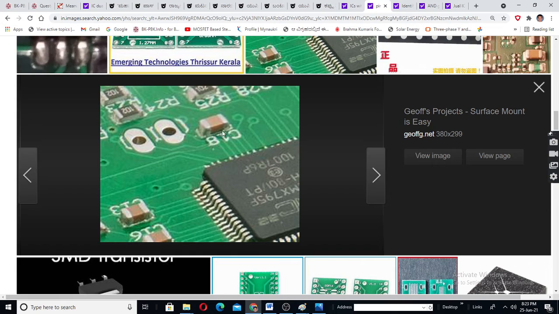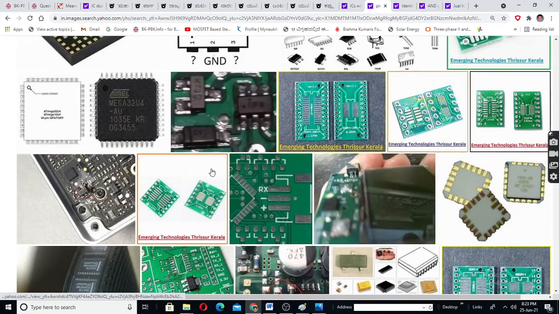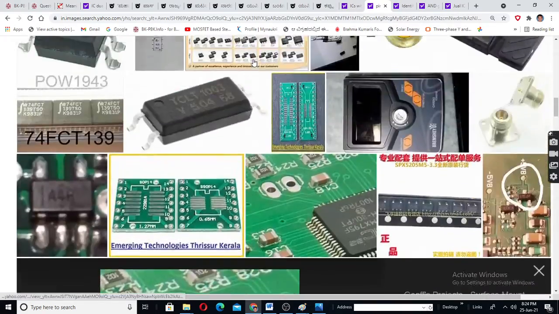Okay, on this PCB, let us see printed circuit boards.